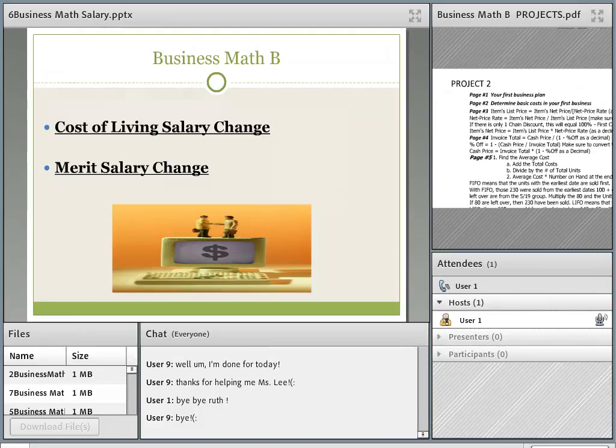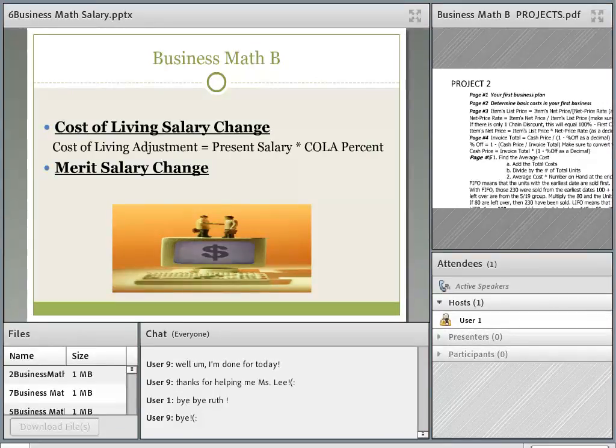The cost of living salary change, the formula for this is basically the present salary times the COLA percent. COLA is cost of living adjustment. Again, COLA is a mnemonic or abbreviation for cost of living adjustment. And there's that percent again.